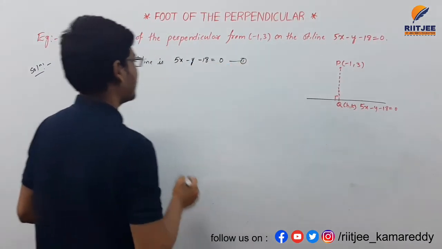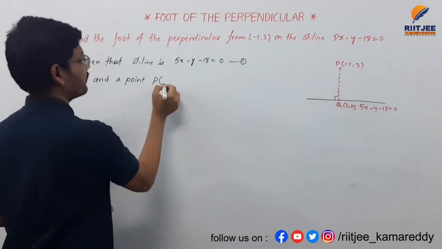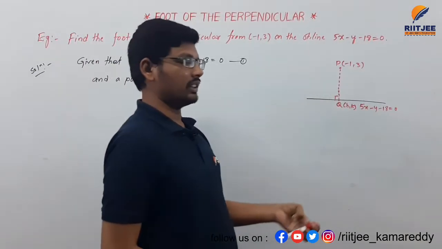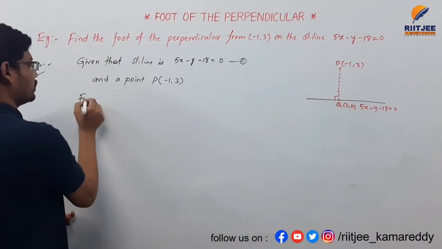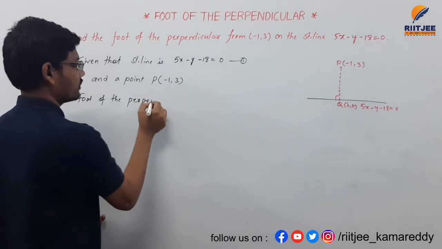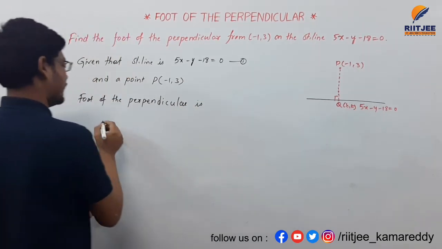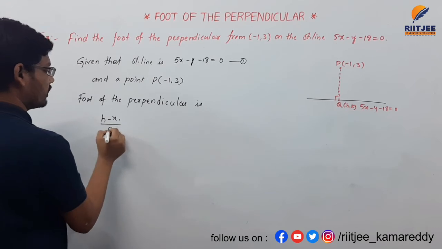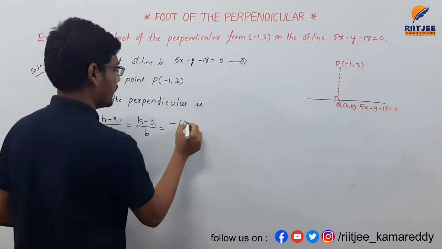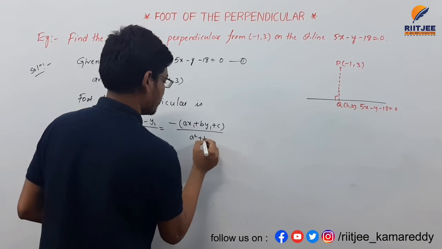This is equation number 1, and a point P of minus 1 comma 3 here, and the foot of the perpendicular condition is h minus x1 by a is equal to k minus y1 by b is equal to minus of ax1 plus by1 plus c by a square plus b square.